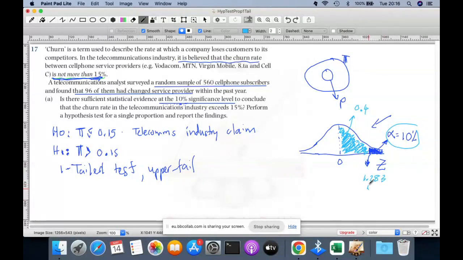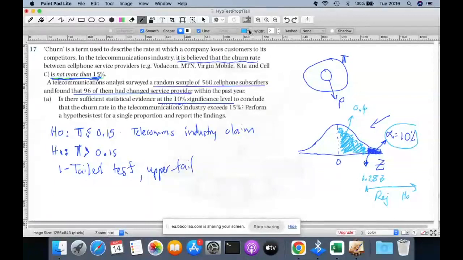So just like before, remember the rejection region is on the right. Anything higher than 1.283, we reject H naught. And anything on the left of it, we accept H naught. I'll put that in a different color. Green.